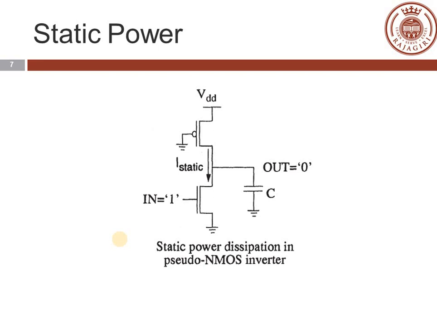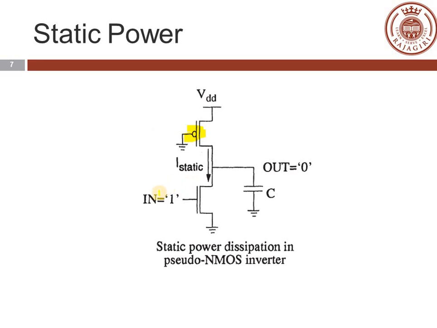The circuit displayed here is a pseudo-NMOS inverter. We'll see how static power dissipation happens in it. Here the PMOS network will always be turned on and it will act as an active load for the NMOS pull-down network.